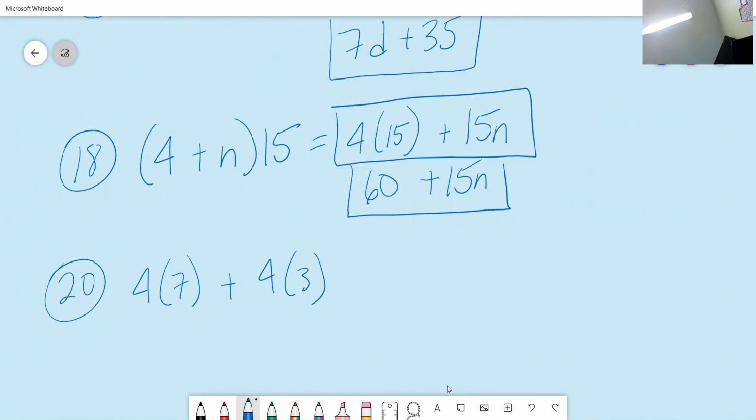So calculating this mentally, you know that 7 plus 3 is 10. So you can distribute this and it becomes 4 times 10. Well, that's easy, right? 40.